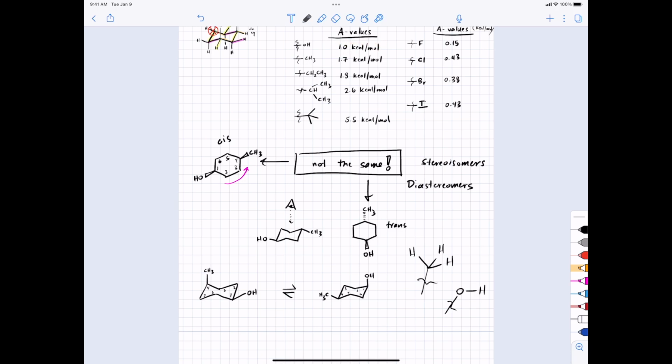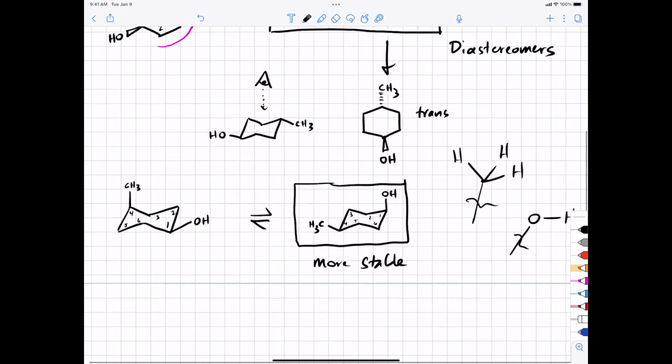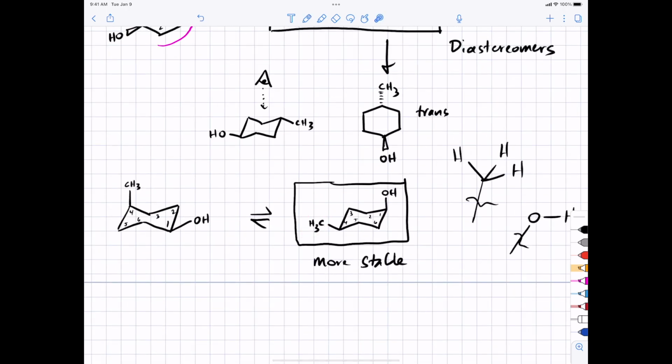And so I would pick this one as the more stable chair conformation, because it's got the less bad, the not as bad. It's got the biggest thing equatorial. All right, do you follow that?